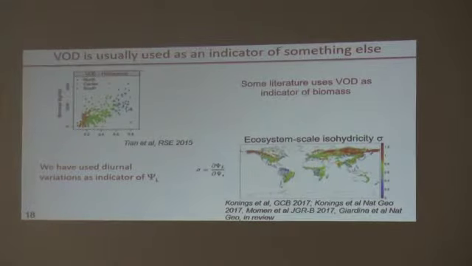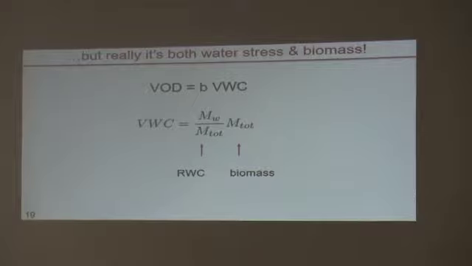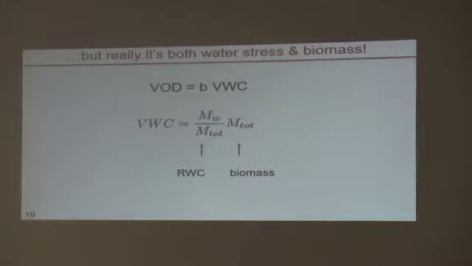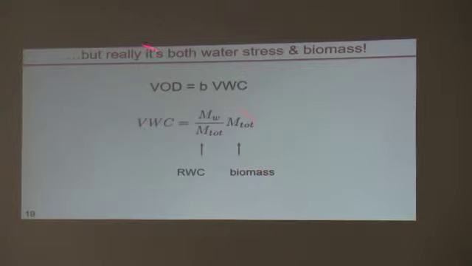What's nice about this potential mortality application is that relative water content, vegetation water content, might actually play a much more direct role. So that's summarized here, just to make sure everything is crystal clear, right?